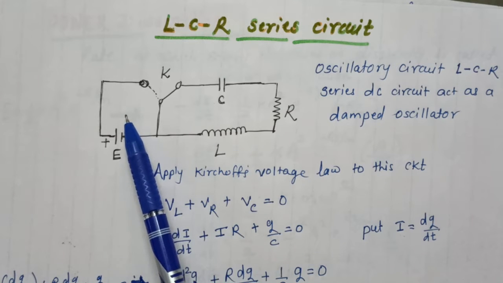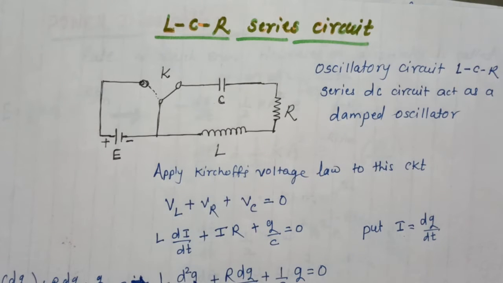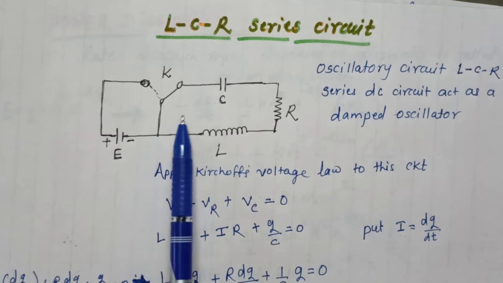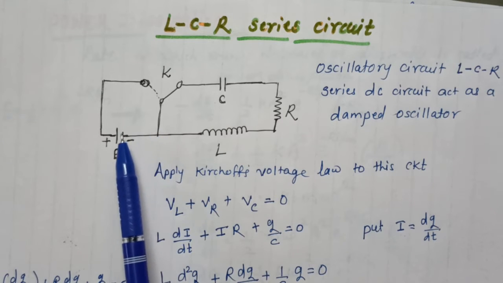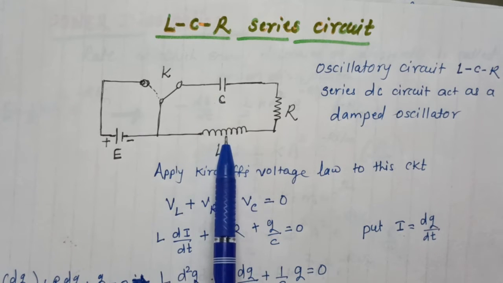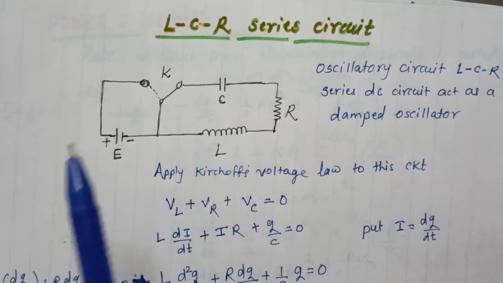By varying current flow through the circuit, let I be the current at time instant t and Q is the charge left on the capacitor, and the EMF induced on the inductor is L into di by dt.